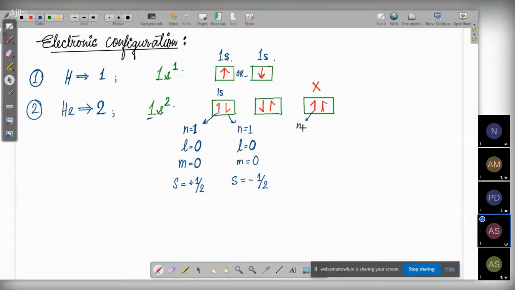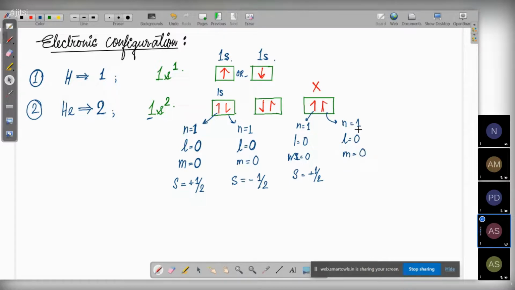But if you draw both the arrows upward, that means what? n equal to 1, l equal to 0, m also equal to 0, and s is equal to plus half. And this one is also an upward arrow, that means n equal to 1, l equal to 0, m equal to 0.